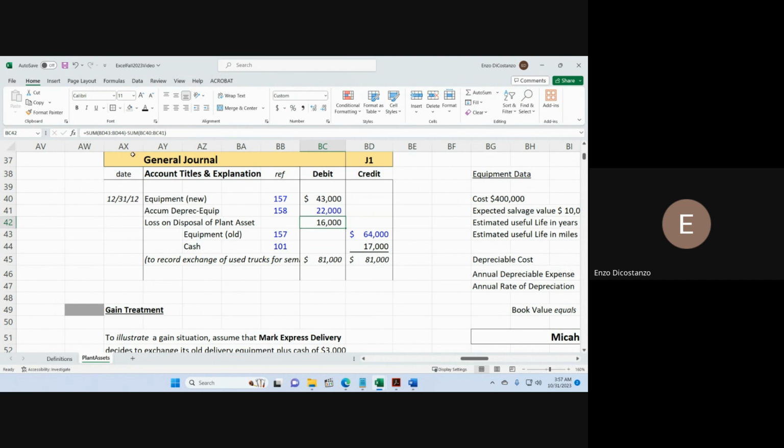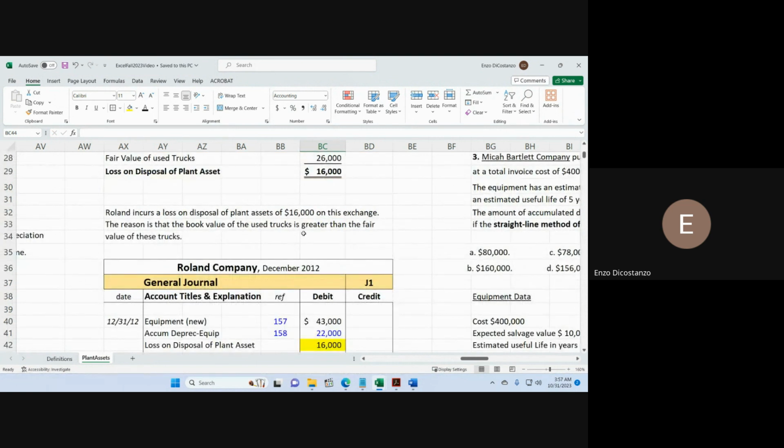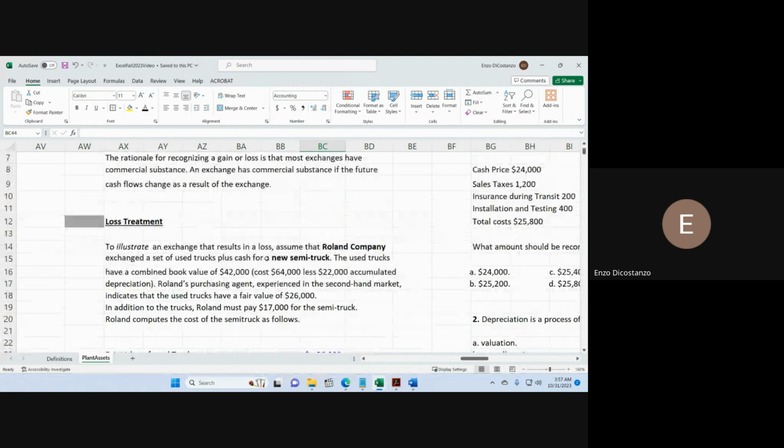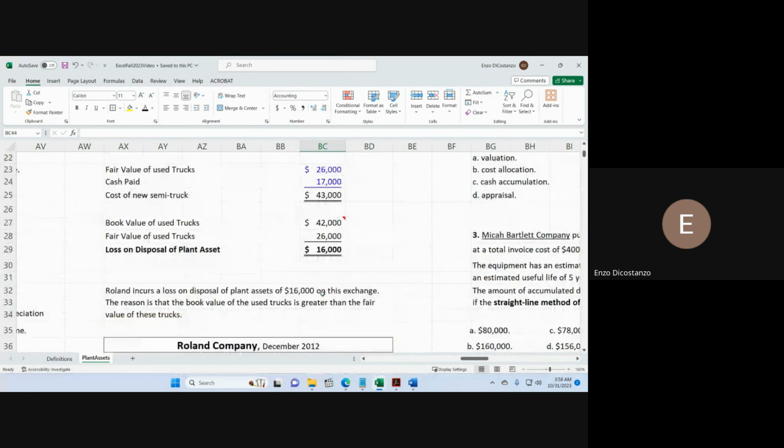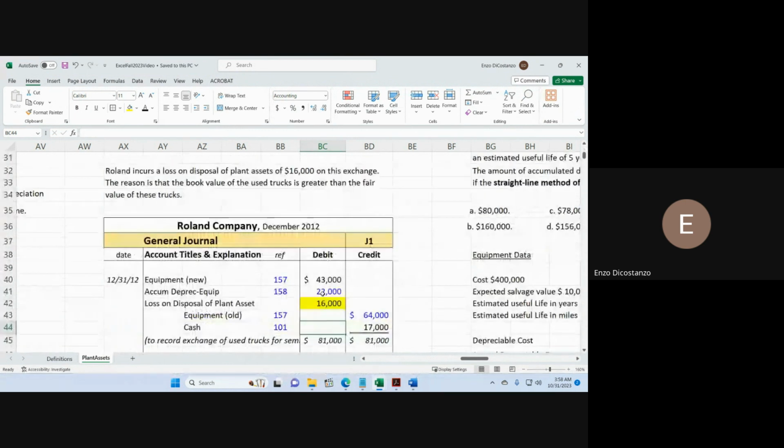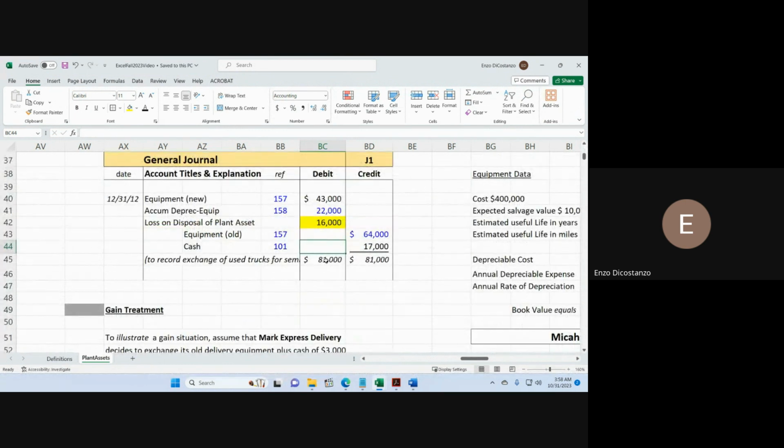Yeah, these can get complicated. Let's revisit what we're doing here. So again, from the perspective of Roland, what are they doing? They're acquiring a new semi. Okay, and this is an exchange. So they use some used assets or used equipment with a book of 42 and cost of 64 and depreciation of 22.